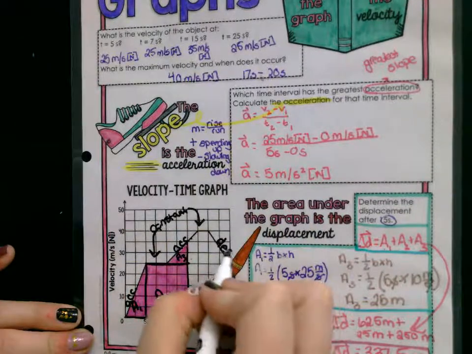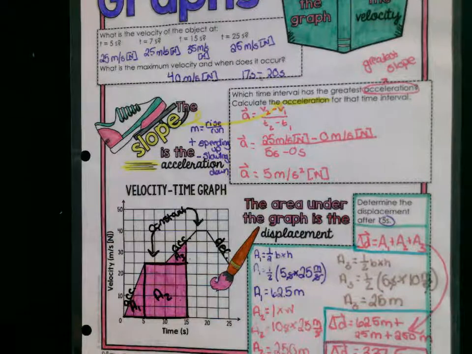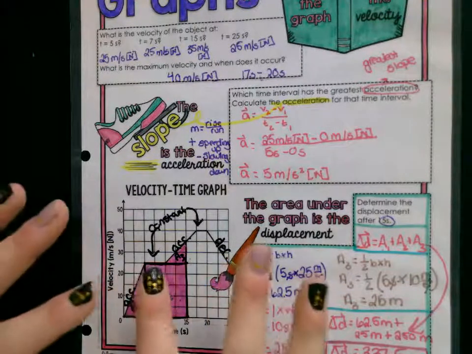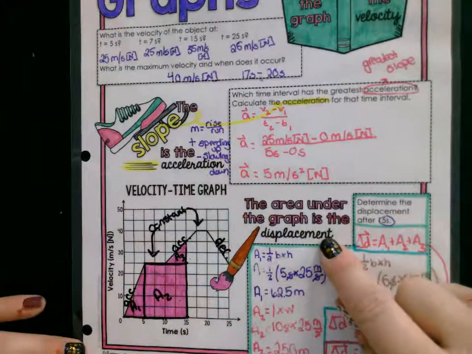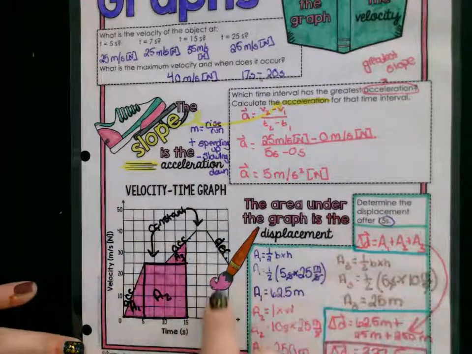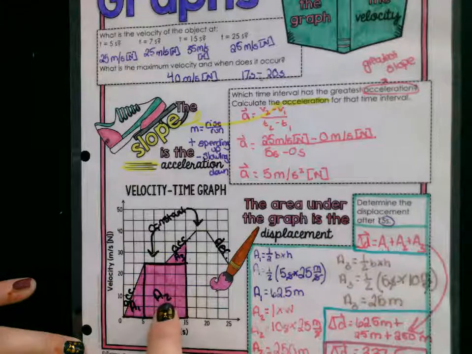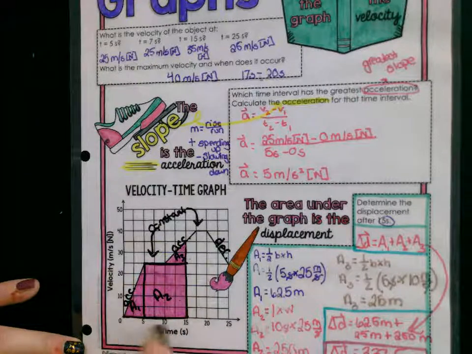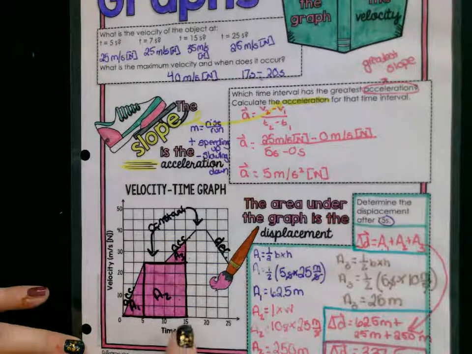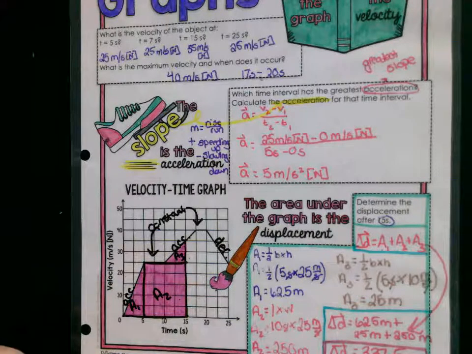And this is deceleration, which means we're slowing down. We can find displacement on a velocity time graph by calculating the area underneath the graph where we're looking for the displacement. So at 15 seconds, she was 337.5 meters away from the origin. And that is all for today.